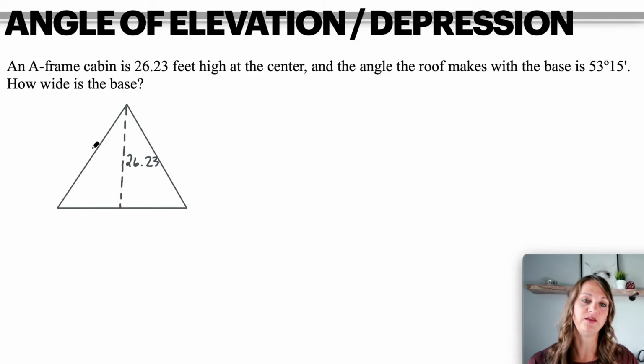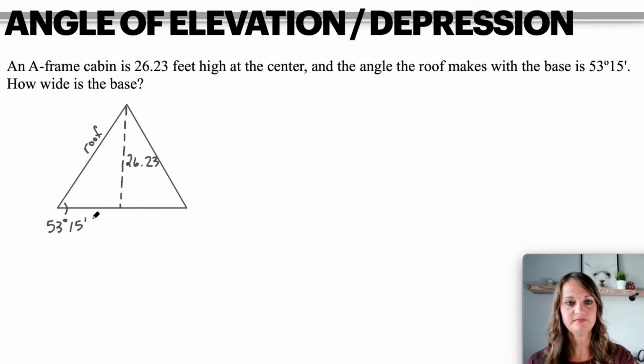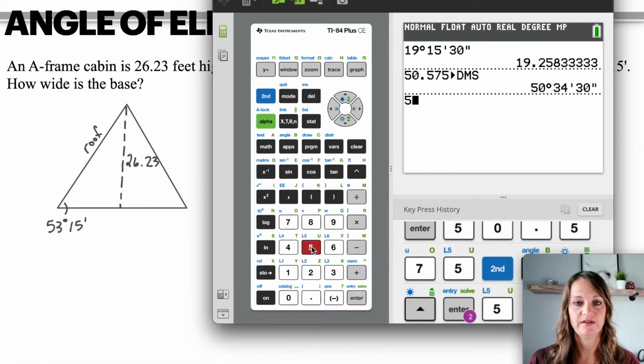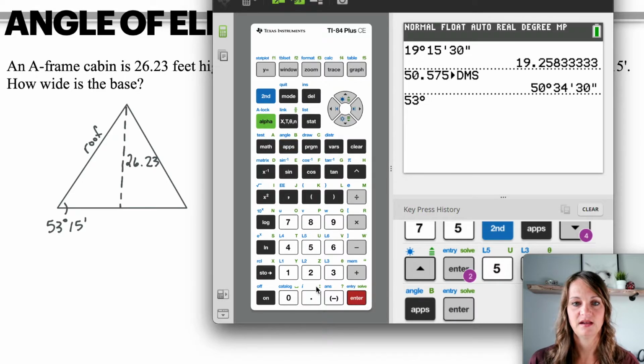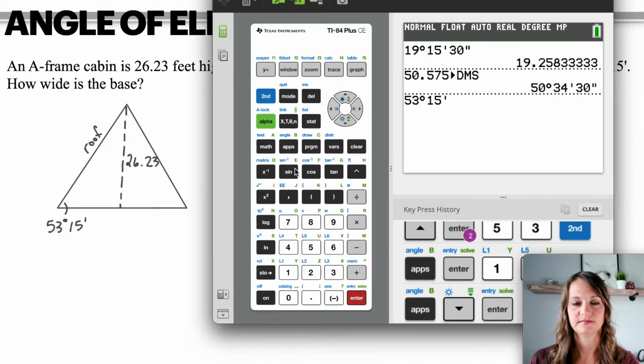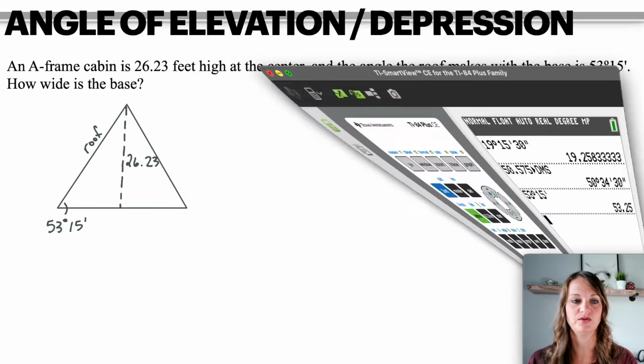And the angle that the roof, this would be the roof, that would be the roof, makes with the base would be 53 degrees and 15 minutes. So to figure out what that is, we would need to do 53 degrees and 15 minutes. Hit enter, and it's 53.25.